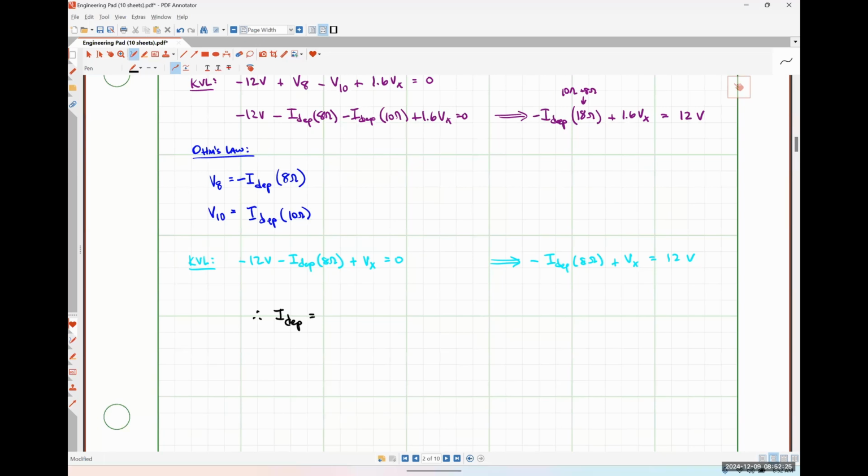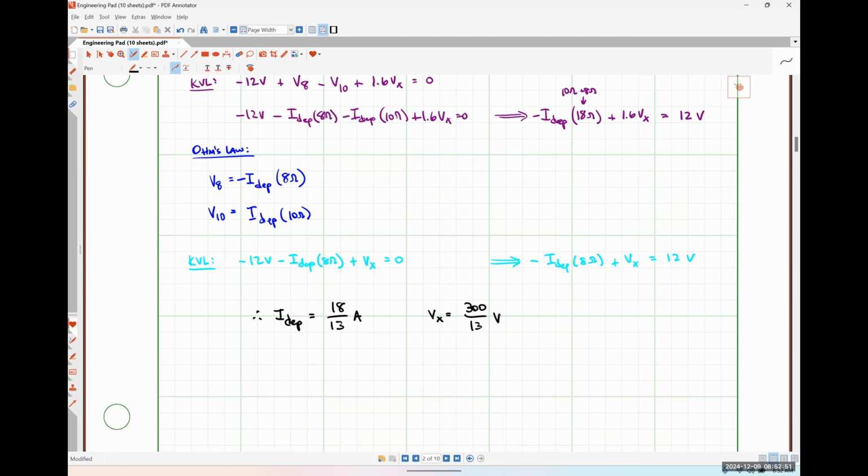I dependent is equal to 18/13 of an amp, and Vx is equal to 300/13 of a volt. Did anybody else get those same results using their system solver? Okay.